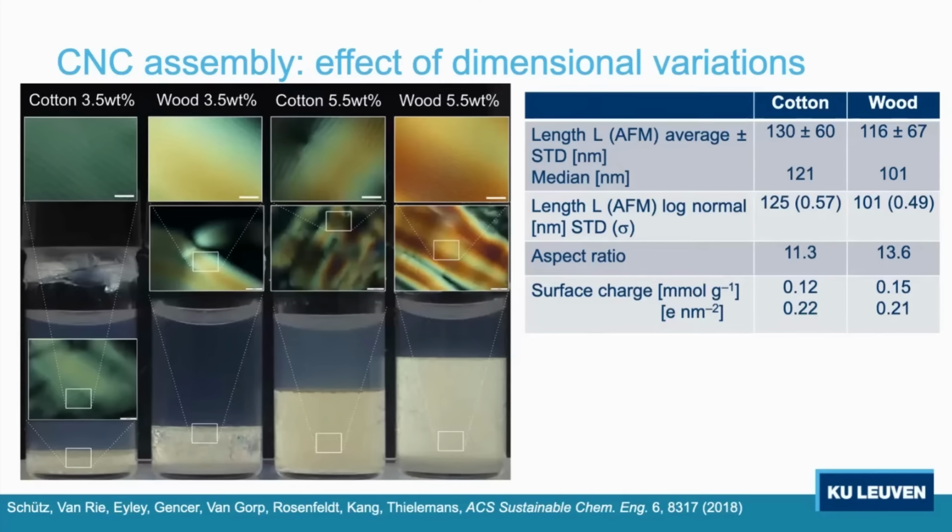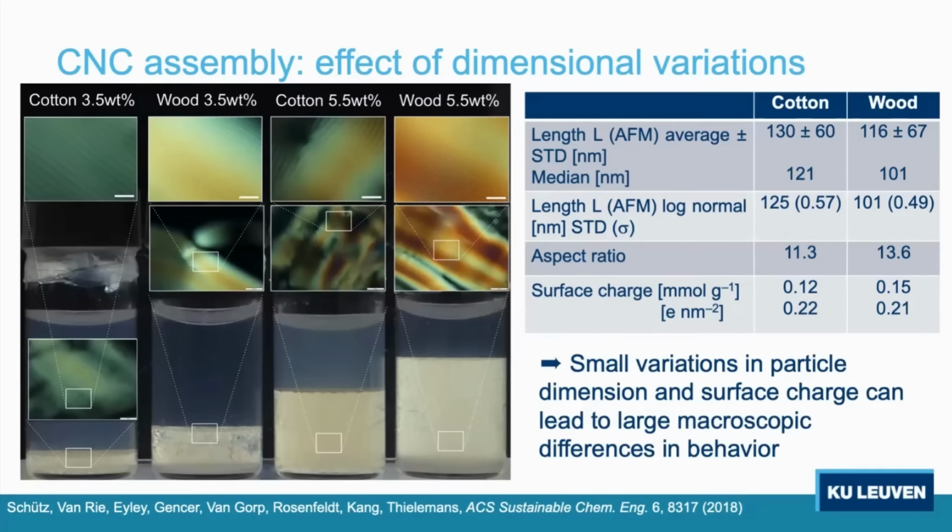The average length, the aspect ratios, the surface charge are roughly the same. This is the amount of chiral nematic phase relative to the complete volume. So for these small variations, you get very large effects macroscopically.